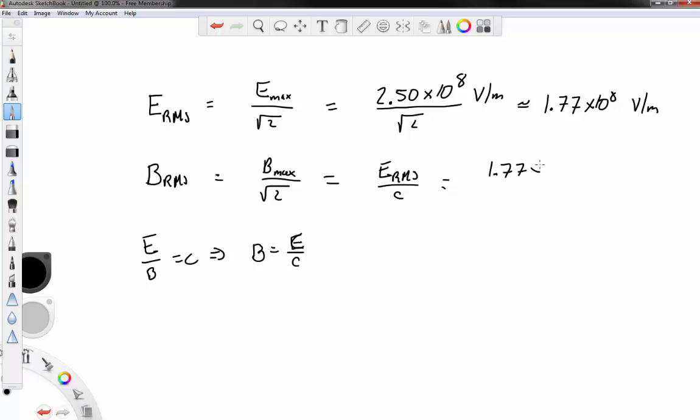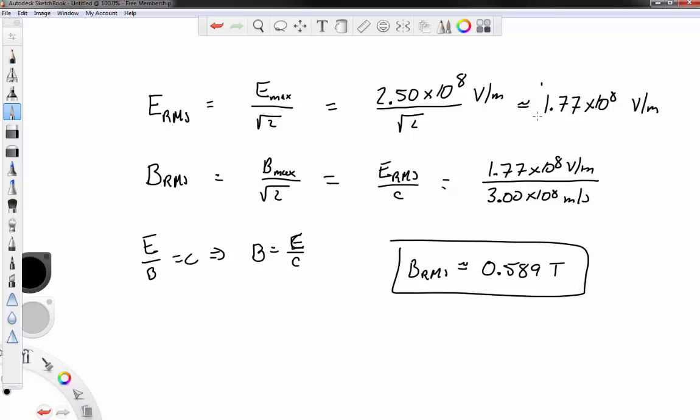So we would basically go 1.77 times 10 to the 8 volts per meter divided by c, which is basically 3.00 times 10 to the 8 meters per second. And so the root mean squared for the B field is going to be roughly 0.589 Teslas. So we've got our B RMS, we've got our E RMS.